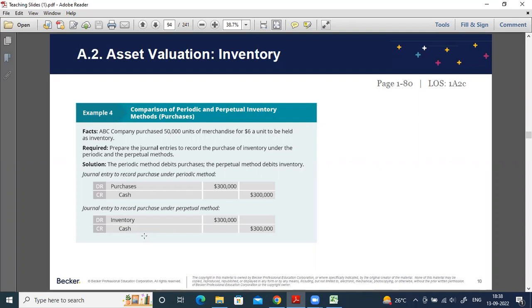But in case of perpetual, whenever you purchase new material, the inventory count will be updated. So that is the reason we show inventory to cash in case of perpetual. I believe you are with me till now. If anyone has any query, let me know. Is it clear, guys? Yes, sir.